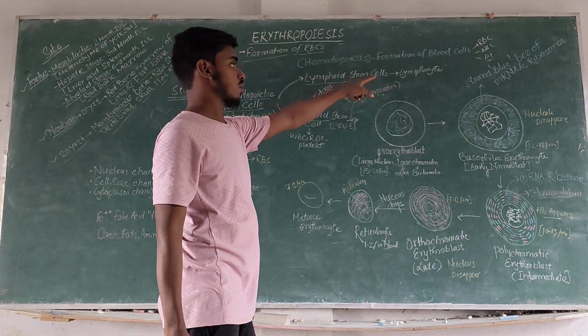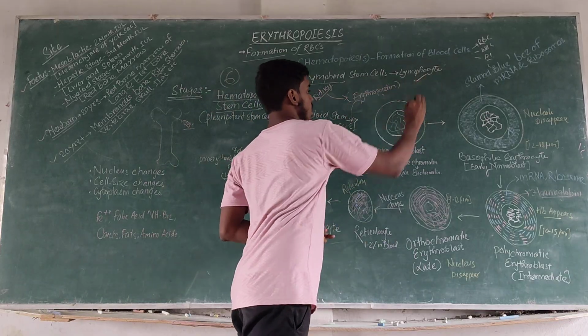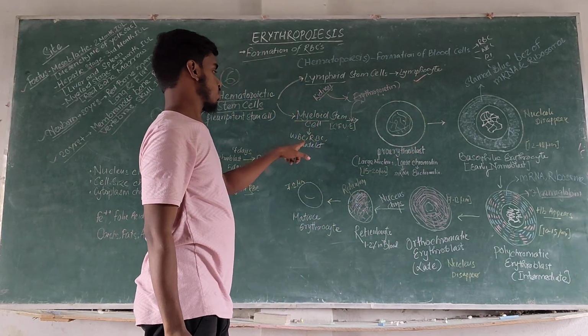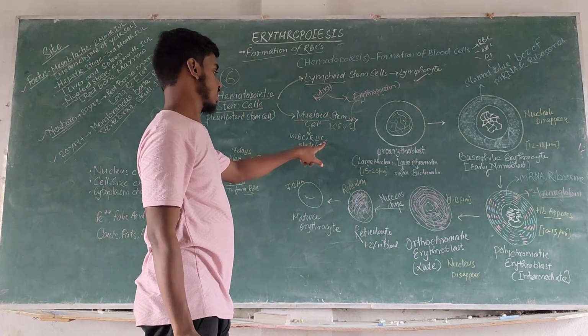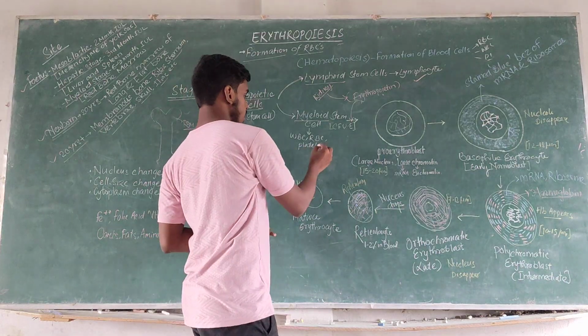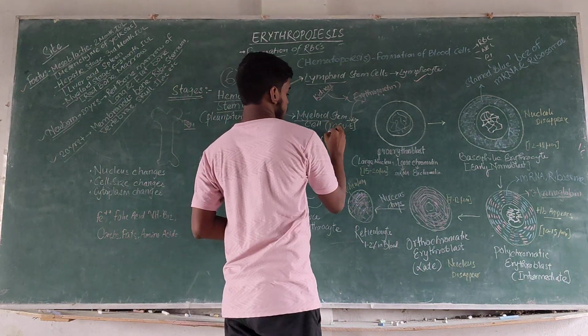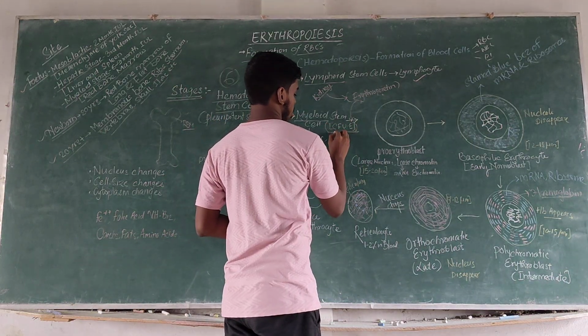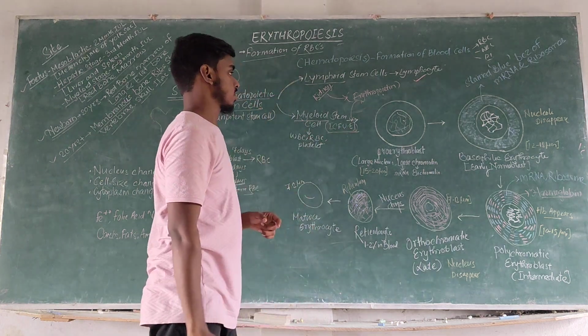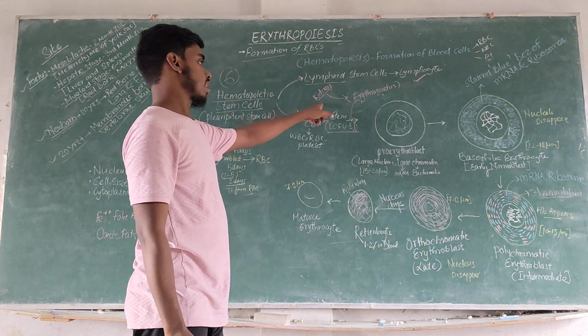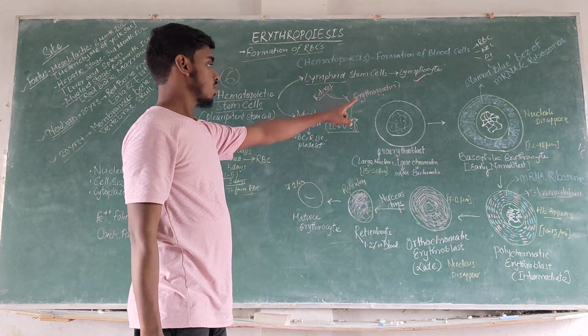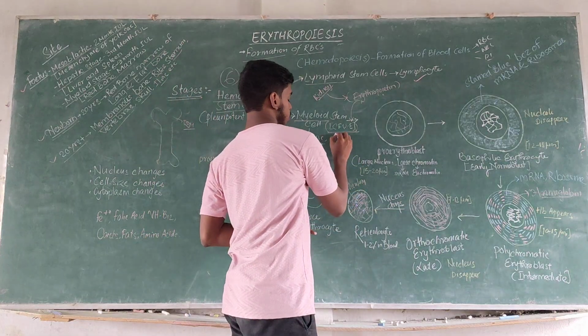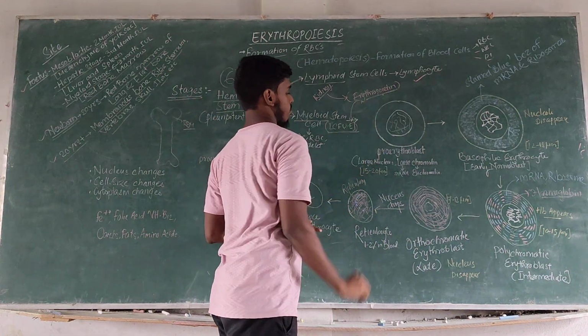Lymphoid stem cell will produce lymphocyte, and myeloid stem cell will produce RBC, WBC, and platelet. In case of RBC, we will get colony forming unit erythrocyte. And when the kidney releases erythropoietin hormone, it will help to continue the erythropoiesis process.